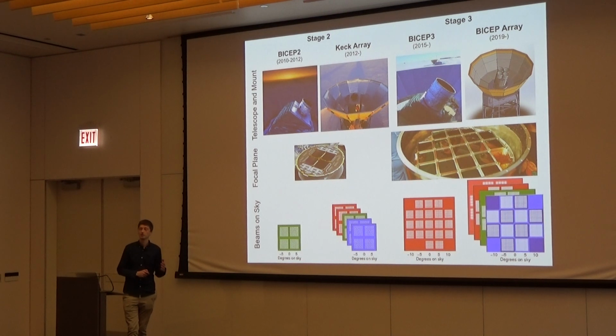And now the really powerful thing about Keck Array is because you have this modular system consisting of 5 independent telescopes, we've been able to change out the observing frequency of these telescopes, one at a time over the years since 2012 when this thing was first operating. So it ran for a couple years at 150 gigahertz and produced data that was quite consistent with BICEP 2 and saw the same dust signal.